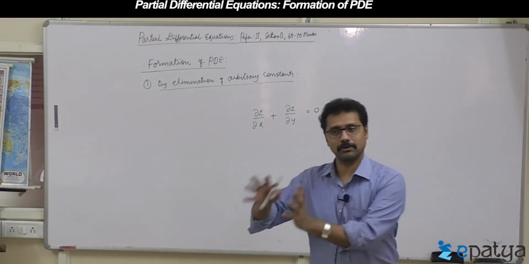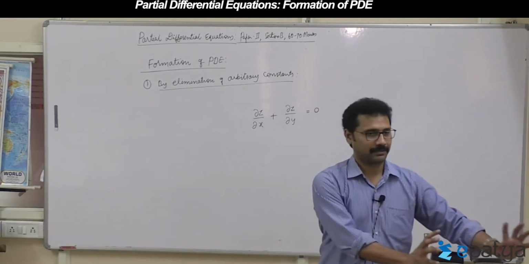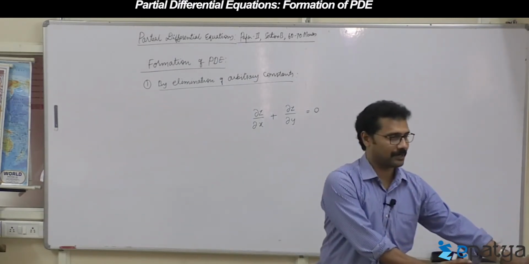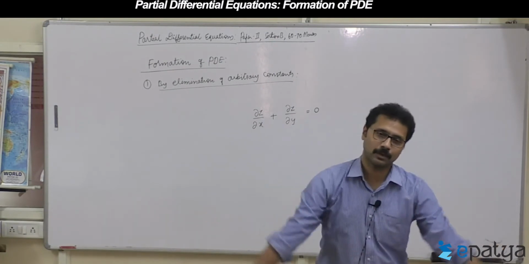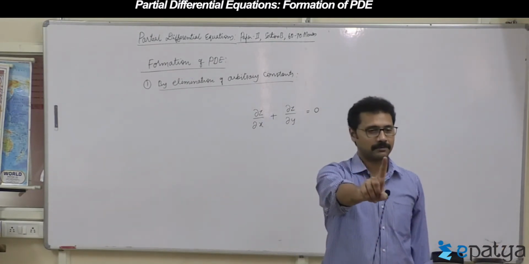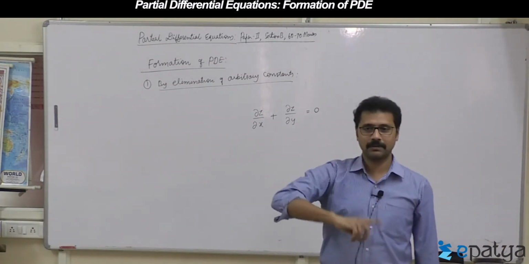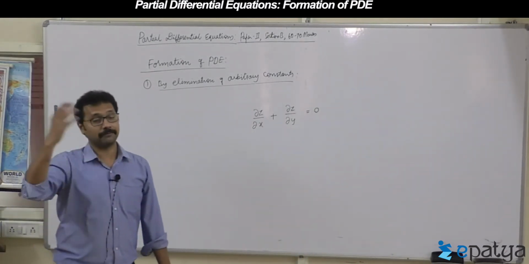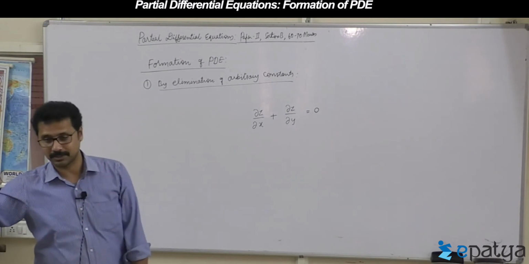You can go to any format. You might get different differential equations altogether after elimination. All those differential equations represent one family of surfaces only. Whenever you are going for higher order, there is a possibility of getting different partial differential equations.